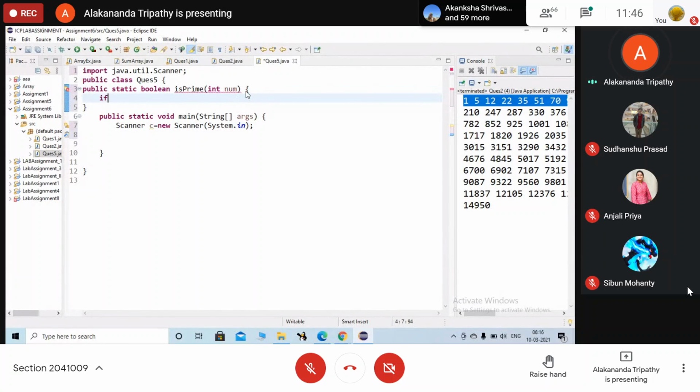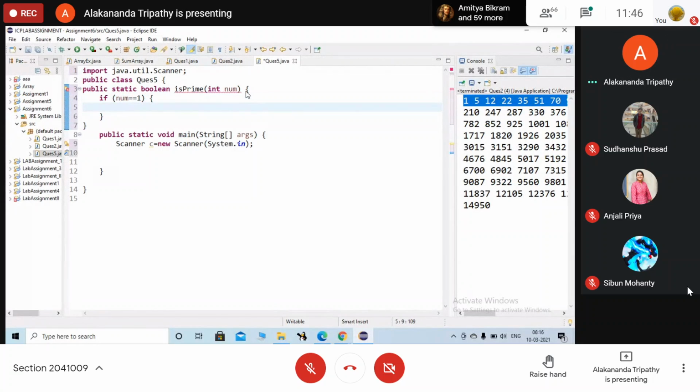So if my number is equals to 1, prime होगा क्या? If the number is equals to 1, it is prime number. No, 1 prime है तुम्हारा. No, ma'am. False. Okay.